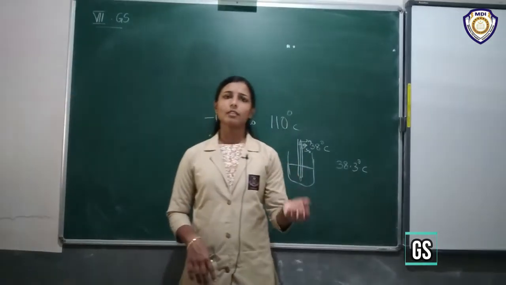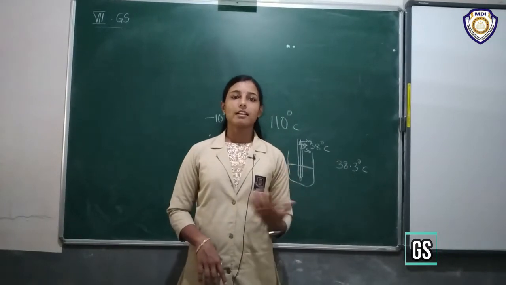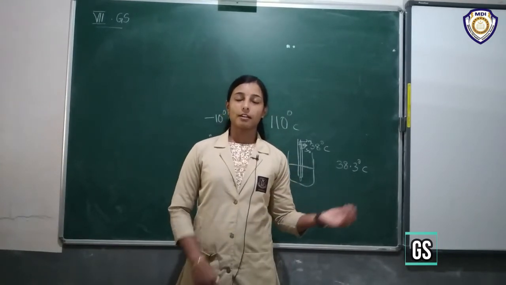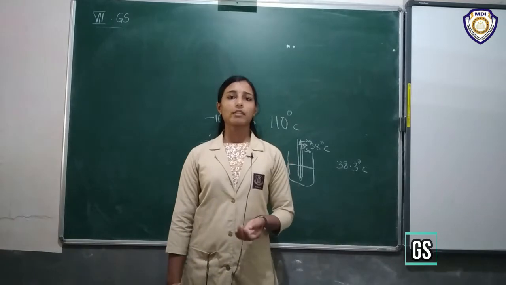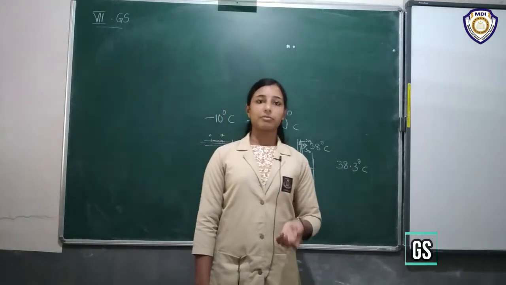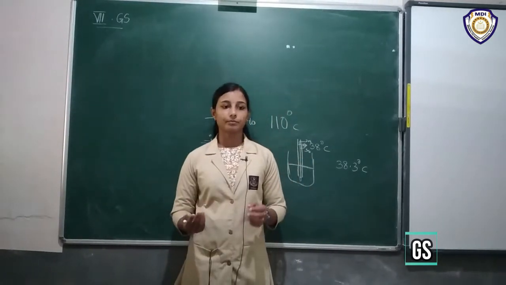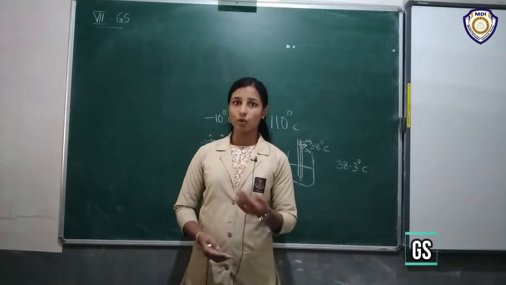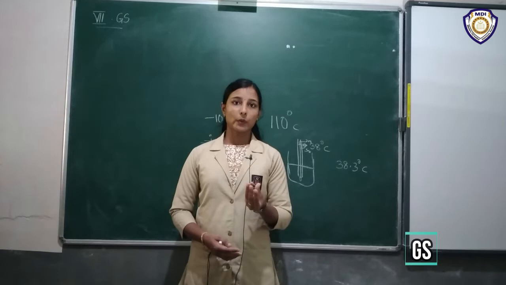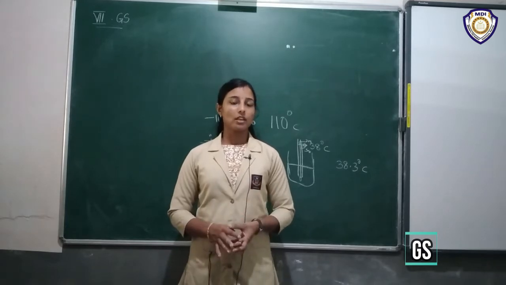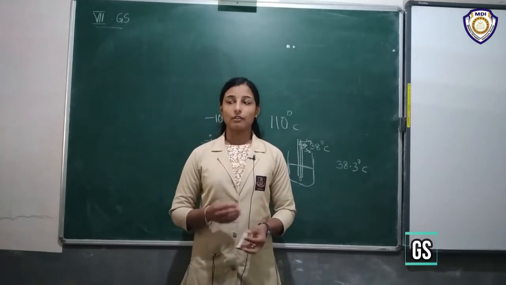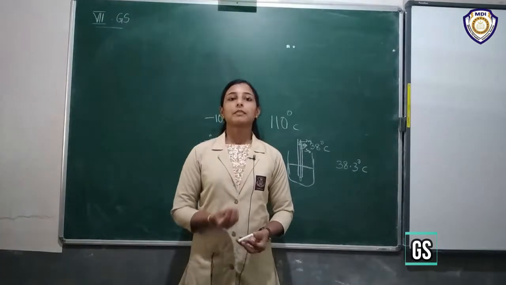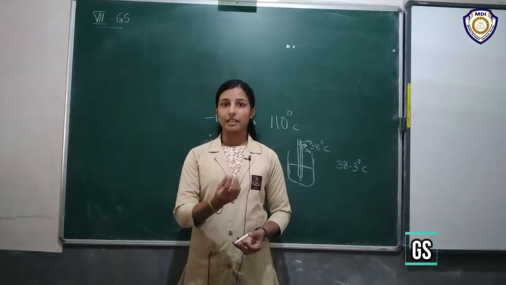All other precautions we follow while using the clinical thermometer, we have to use it carefully. Mercury is a harmful substance. Here also, mercury is filled in the bulb, so handle with care. Do not hold the thermometer by its bulb.